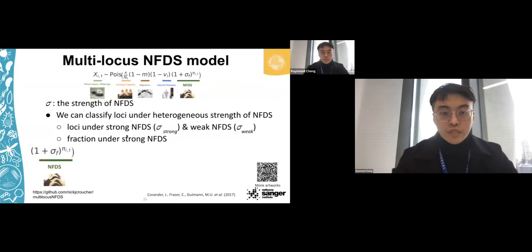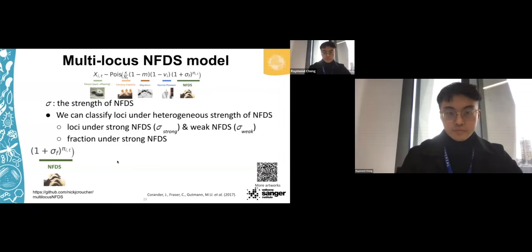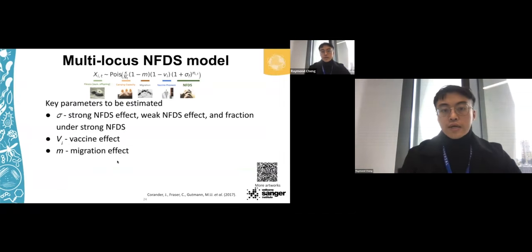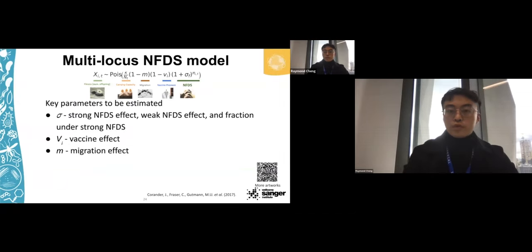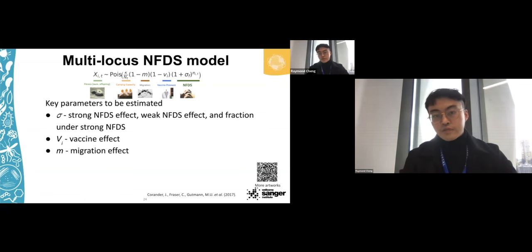With this, we need another parameter which indicates the fraction under strong NFDS. So at the end, from this model, we would like to estimate the strong NFDS effect, the weak NFDS effect, the fraction that is under strong NFDS, and also the vaccination effect and the migration effect.